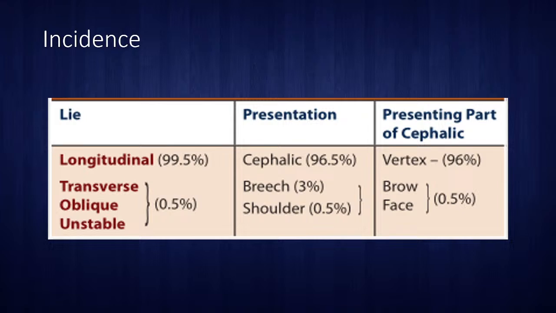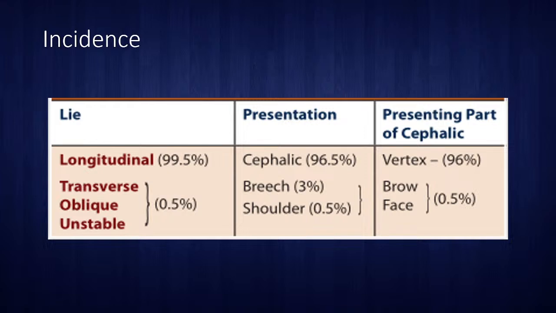Shoulder means not only the shoulder will be there in the lower part, the shoulder and the lateral part of the body will be there in the lower part. Here you can see the incidence. Cephalic is the commonest, around 96%. Breech is 3% and other will be only 0.5%. After the completion of this slide, you should be clear regarding the lie, presentation and position.